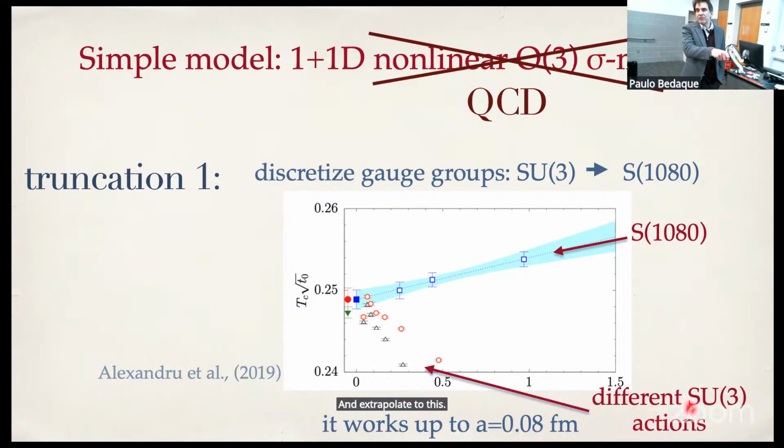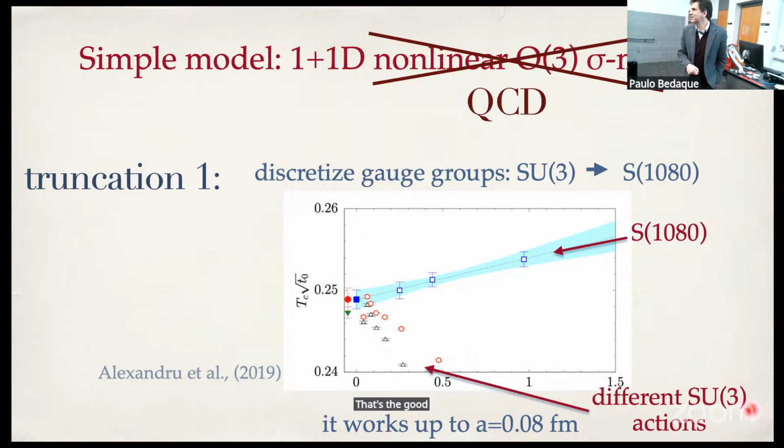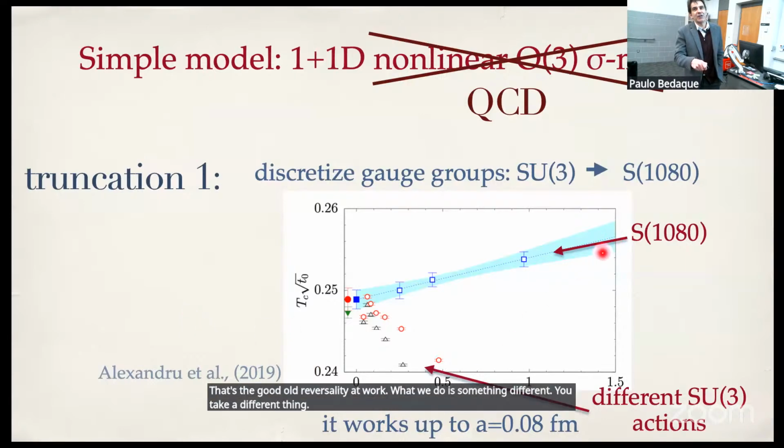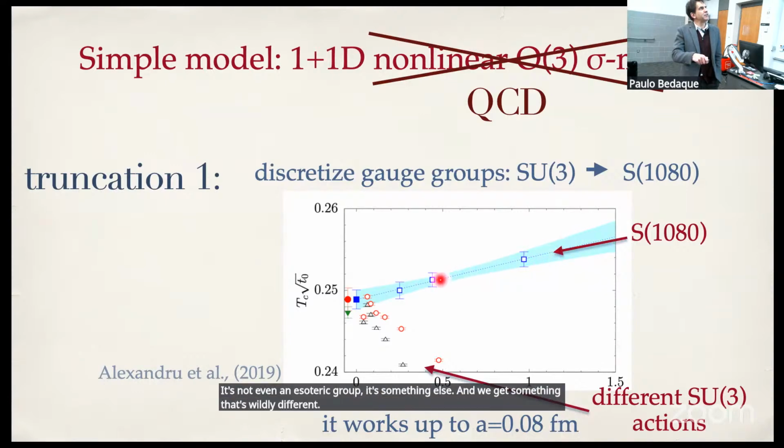Someone else uses a different action, a different Hamiltonian, but they tune it properly too, and they get a point that extrapolates to the same one. That's the good old universality at work, right? What we do is something different. You take a different thing. It's not even an SU3 group, it's something else. And we get something that's wildly different, but seems to be converging to the same answer.